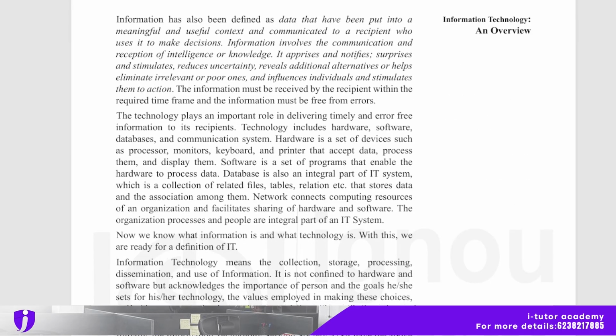Information has also been defined as data that have been put into a meaningful and useful context and communicated to a recipient who uses it to make decisions. Information involves the communication and reception of intelligence or knowledge. It apprises and notifies, surprises and stimulates, reduces uncertainty, reveals additional alternatives, or helps eliminate irrelevant or poor ones, and influences individuals and stimulates them to action.